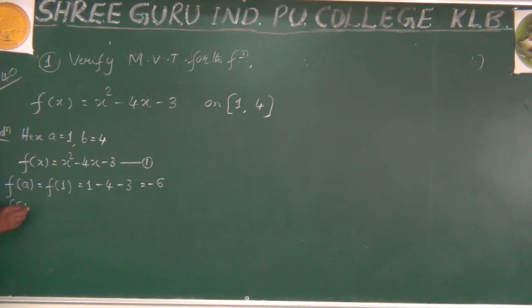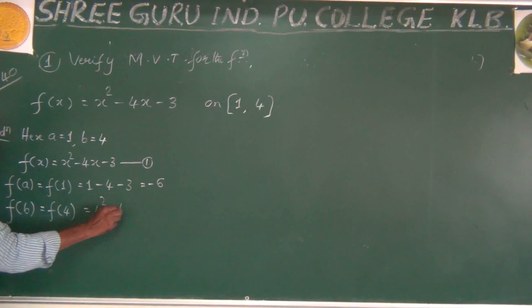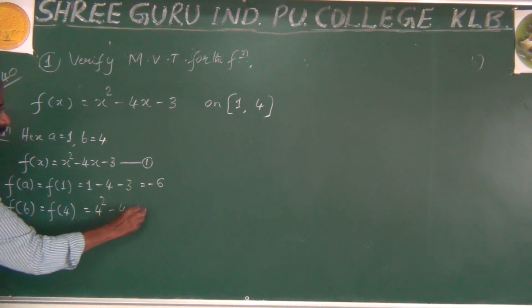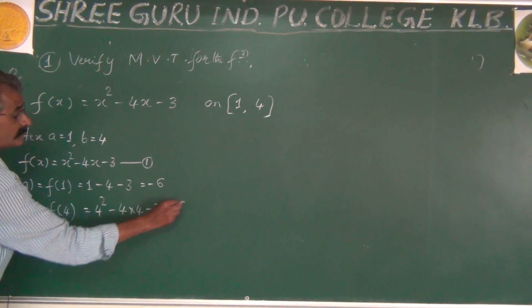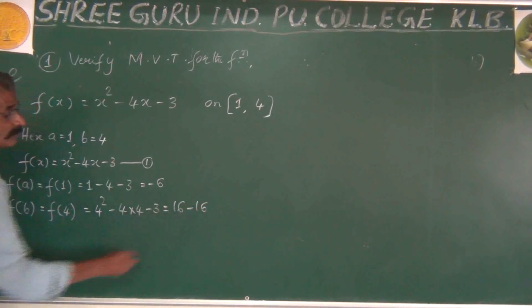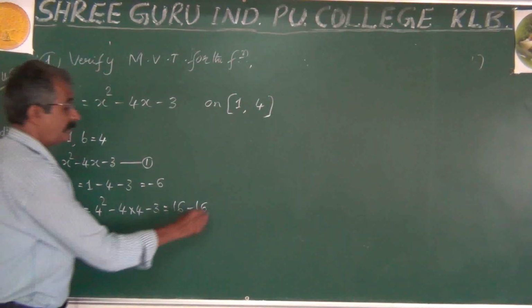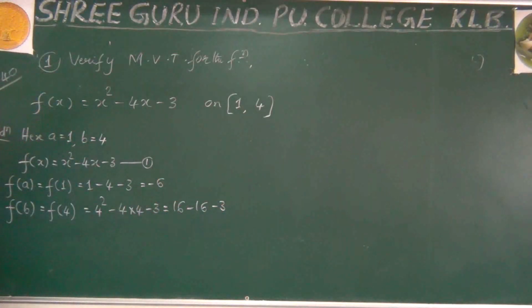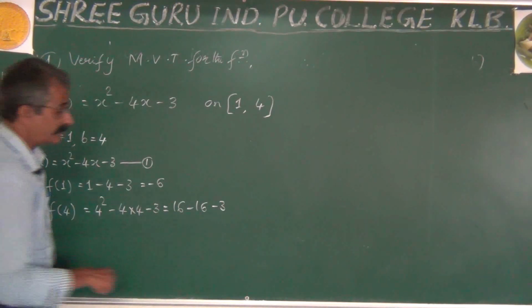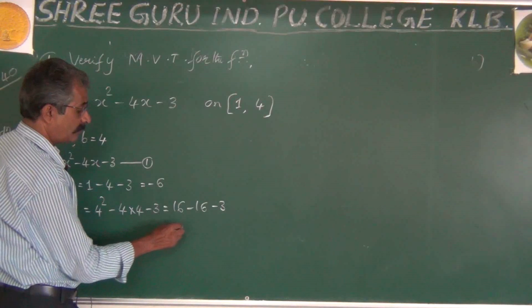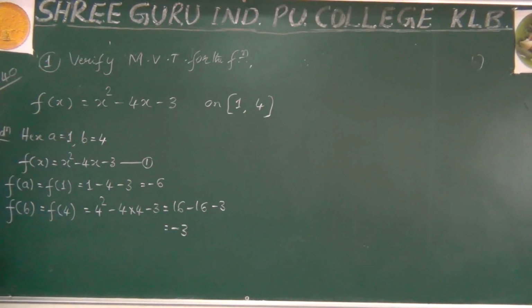Also, f of b means f of 4, 4 square minus 4 into 4 minus 3, 16 minus 16 cancels, leaving out minus 3.